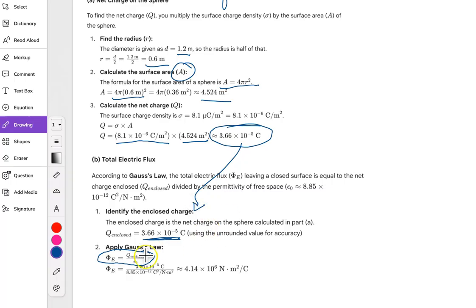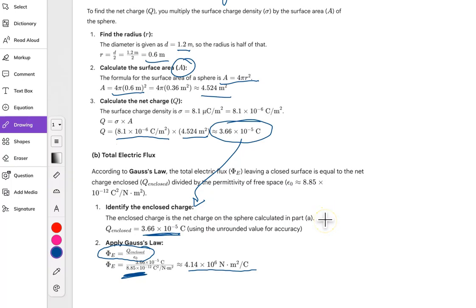And we're going to take that and divide it by the constant for the permittivity of free space, which remember is 8.85 times 10 to the negative 12th. So when I do that math, I do end up with flux of 4.14 times 10 to the 6th newton meters squared per coulomb.